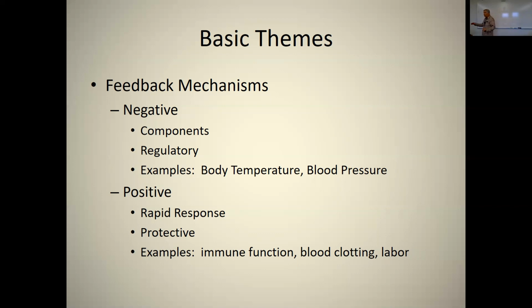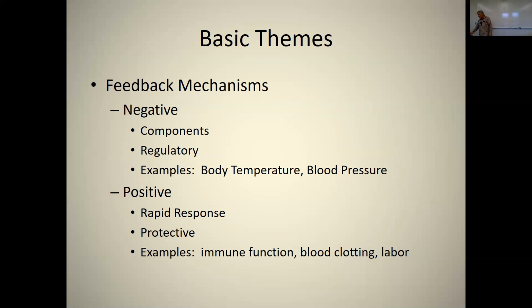Then there's positive feedback mechanisms. These are not regulatory, these are protective. They are rapid response. Something has to be done very rapidly. And so examples are immune function, blood clotting, and labor, which are what are called positive feedback mechanisms. There's only a few of them compared to negative feedback mechanisms.